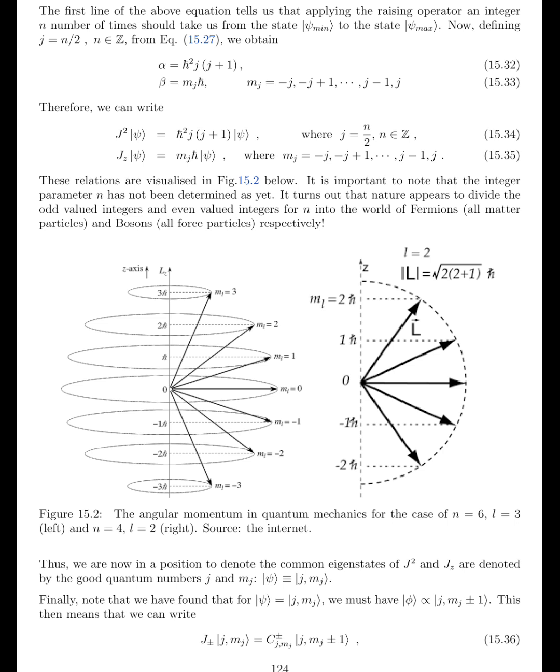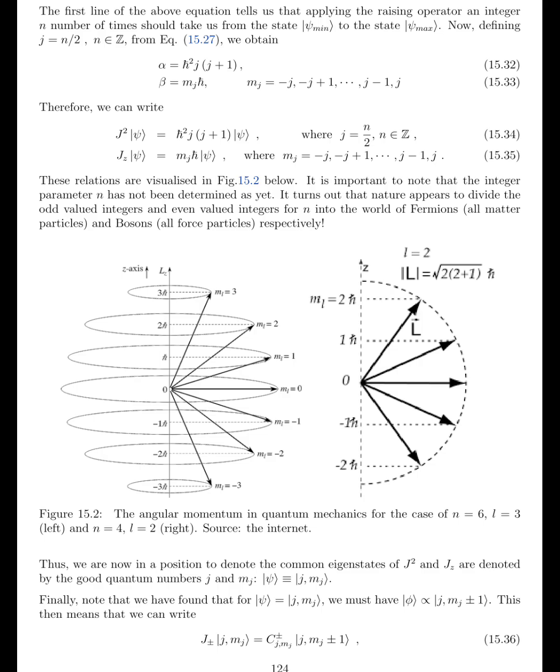And beta is equal to some other quantity m sub j times h bar, where this m_j can run from minus j to plus j, but always in unit increments.